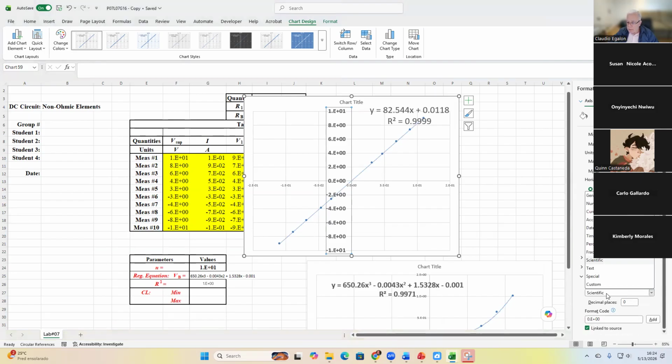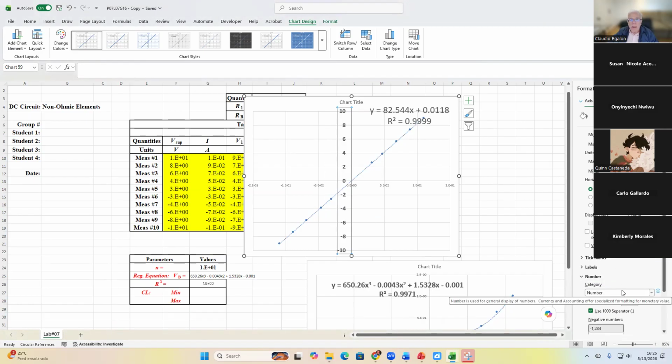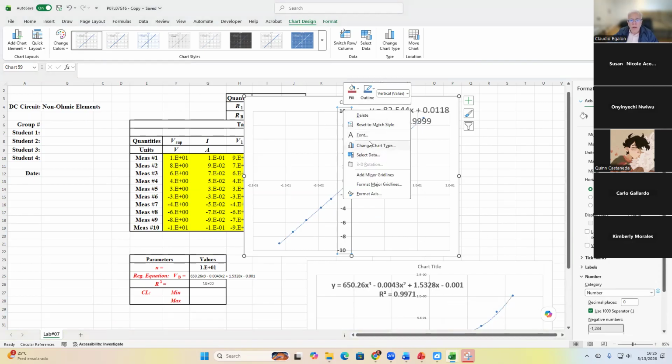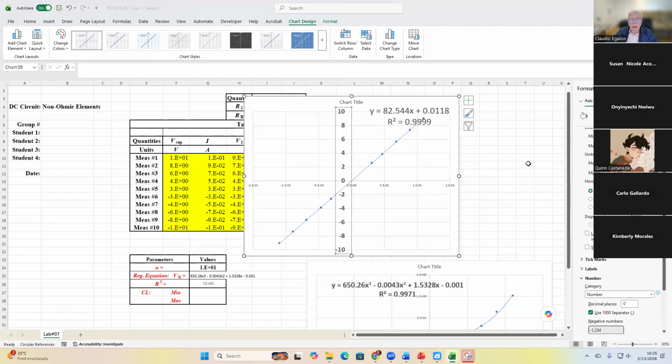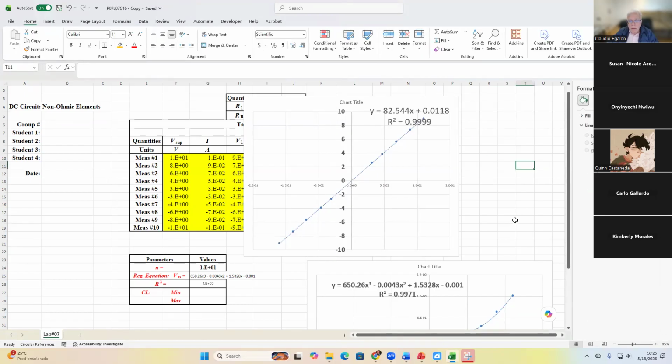You want to change from scientific to numeric. I think that's too small. Let me change the size a little bit again. Maybe 18. Let's try 18 here. Yeah, I think it's okay this way.